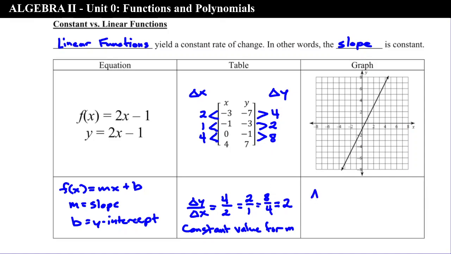You need to have a line that is not horizontal or vertical. So this is how you find a linear function, by equation, table, and graph.